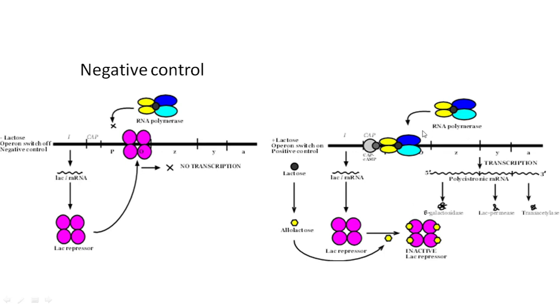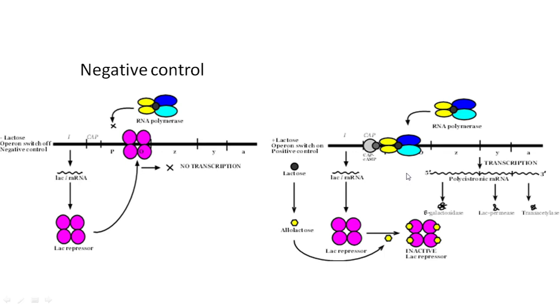Instead, the RNA polymerase binds over there, and the binding of RNA polymerase is dependent on the binding of the CAP-cAMP complex also. Until and unless the CAP-cAMP complex is bound here, RNA polymerase cannot bind efficiently, and transcription will not occur efficiently. It will only be 2% of the total transcription if the CAP-cAMP complex does not bind.